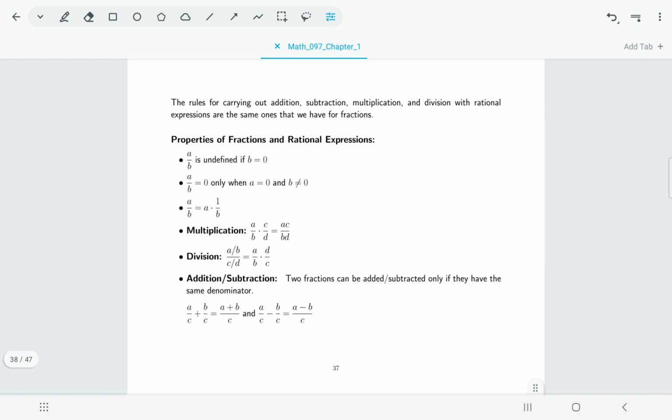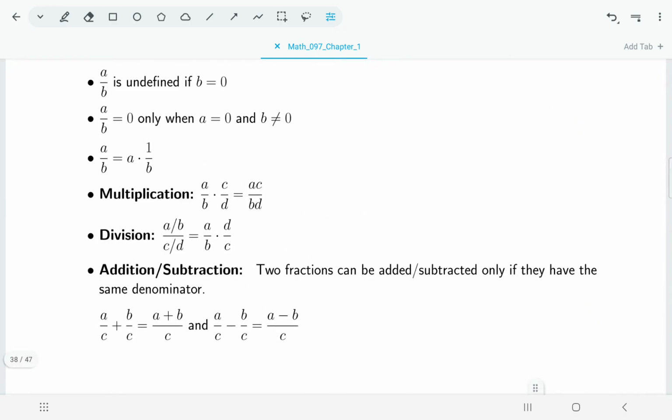So when I said as before that it's really a lot of the same properties that we had for fractions, it really is exactly the same properties that we had for fractions where it's a number on top of a number as we do for rational expressions where it's a polynomial on top of a polynomial. So for example, if you were asked to multiply two fractions, you would multiply the numerators together and you would multiply the denominators together. And that's exactly what we do with rational expressions as well.